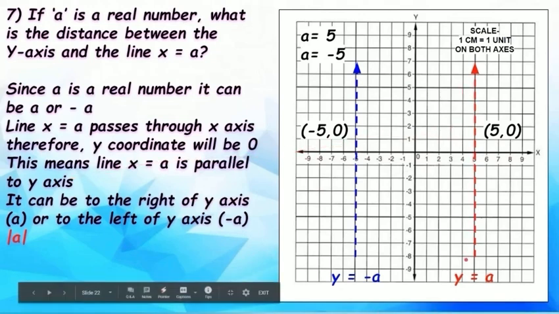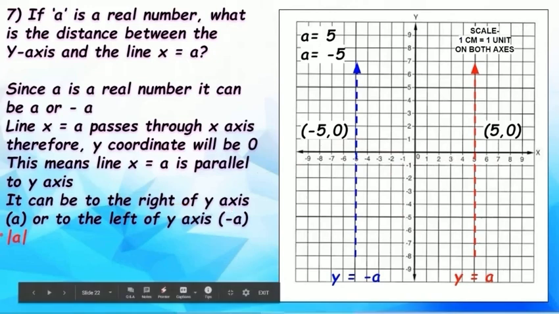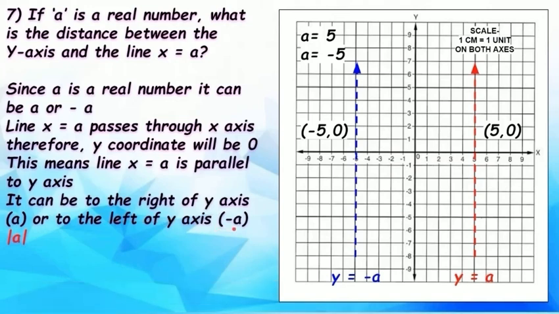Both these lines are parallel to the y-axis and pass through 2 points on the x-axis. It can be either to the right of the y-axis, that is, a is a positive value, or to the left of the y-axis, that is, a is a negative value.